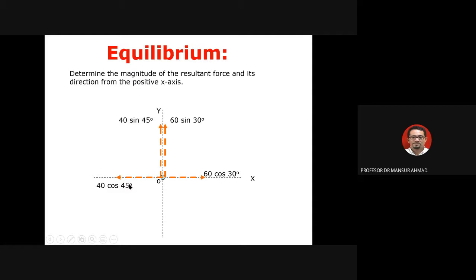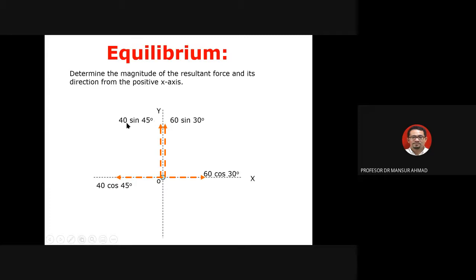Can you use your calculator if you have a calculator now? Sine 45 is equal to cosine 45, which is 0.7071. Right? Okay, so in the future, every time you have a 45 degree angle, don't worry, just do it. Sine or cosine, doesn't matter.